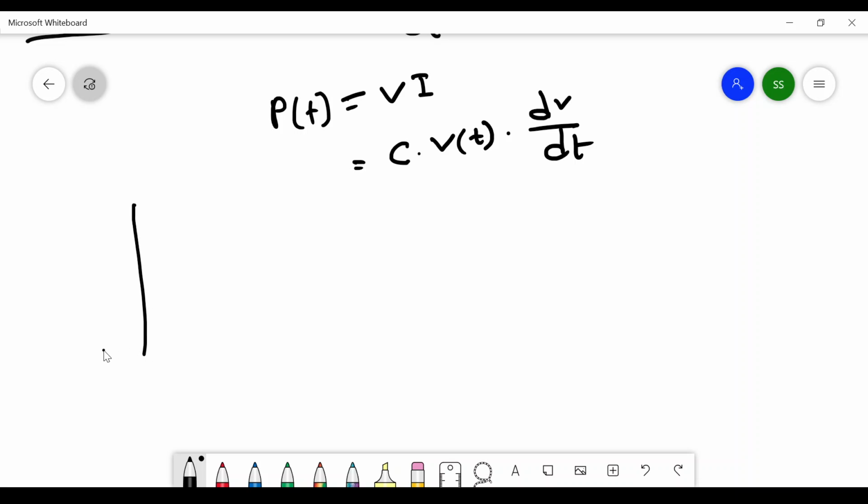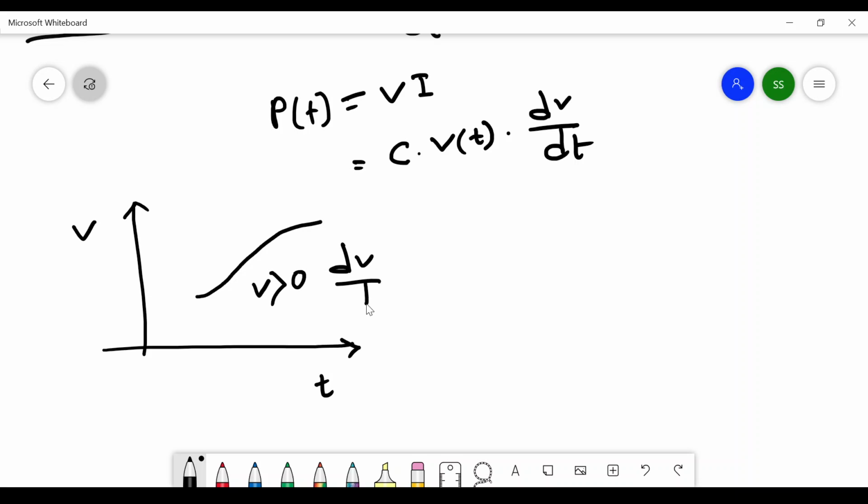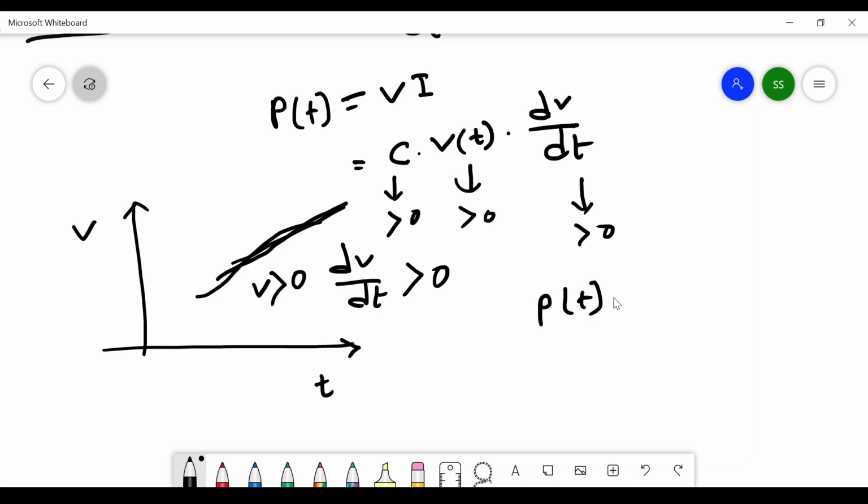So let us have a voltage like this. The voltage is increasing this way. So if I say v is greater than 0 and dv/dt, the tangent here, is also greater than 0, and the capacitance is also greater than 0, then you can say the power p(t) is greater than 0.